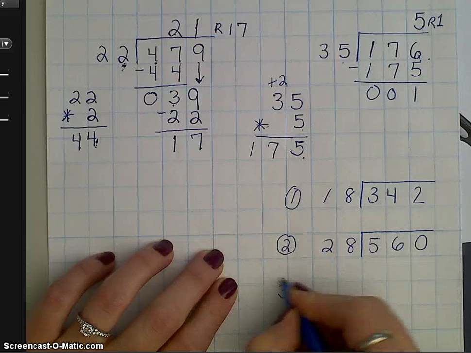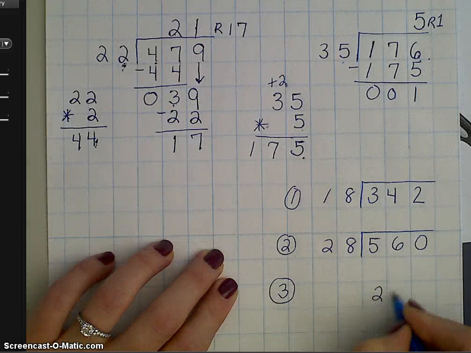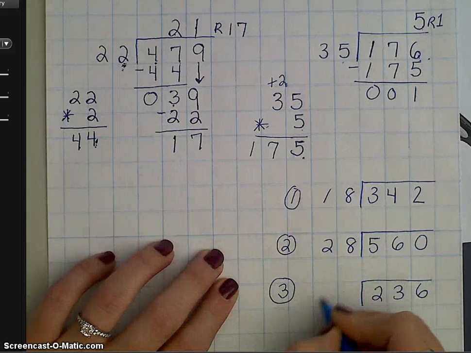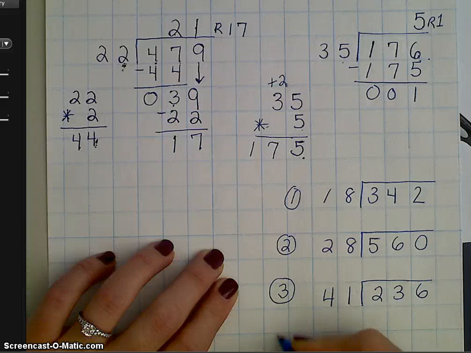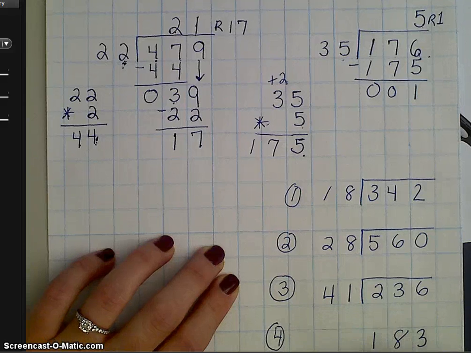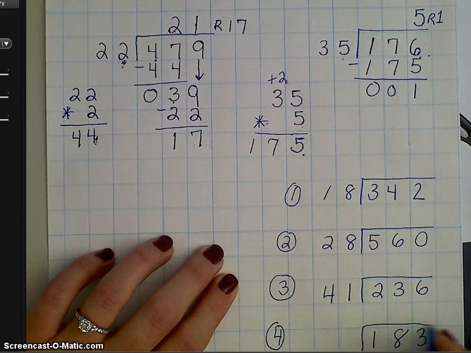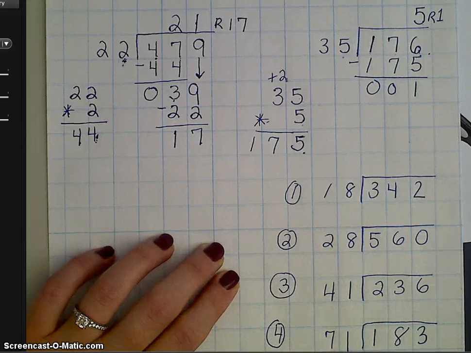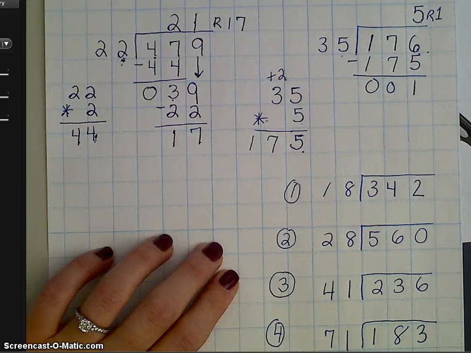Number 3, 236 divided by 41. And number 4, 183 divided by 71. Okay, so good luck, and don't forget to use the strategy.